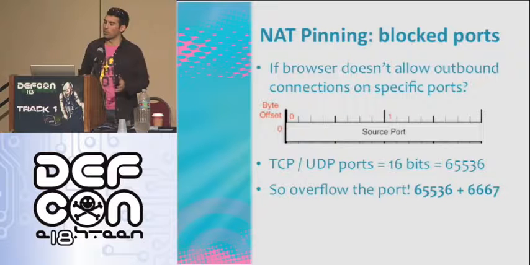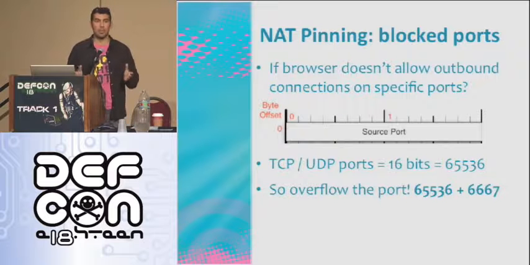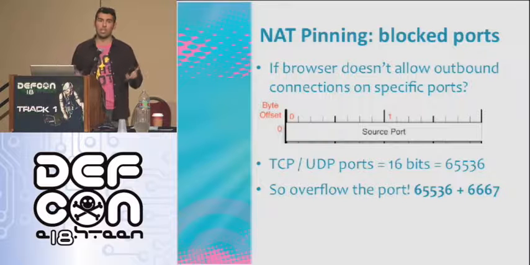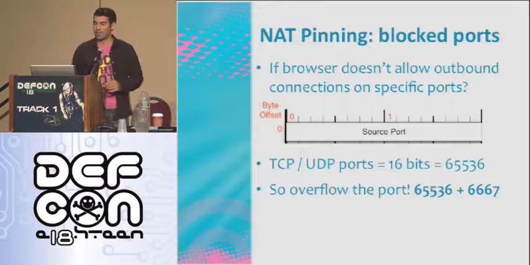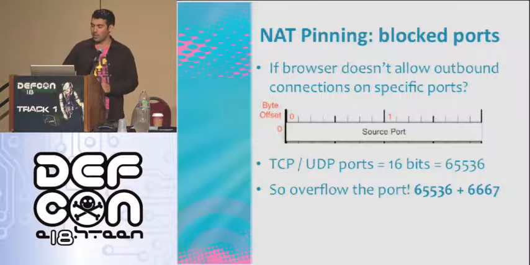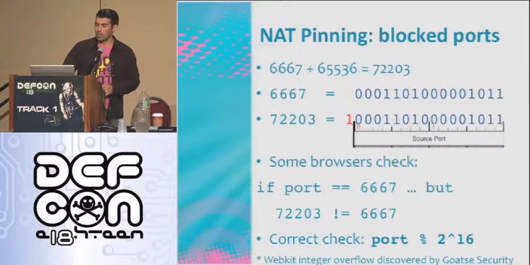Now, the interesting thing about ports is the size of a TCP or UDP port is 16 bits. Now, if the browser says, I'm not going to allow connections on port 6667, does this port match 6667? No. Just overflow it. So if you add 65,536 to it, you get this bigger number, right, 72,203.